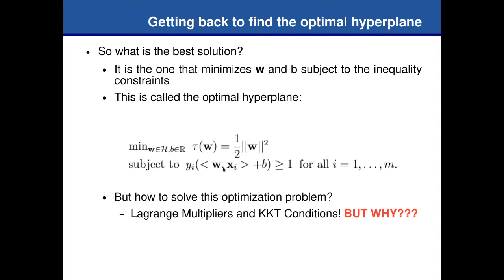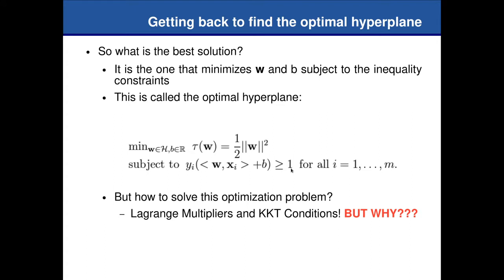Of course, when I perform the dot product between my vector W and a given point in my space, a point that could belong to the positive or the negative class, plus some B, this multiplied by the class, either +1, positive, or -1, negative, should be greater than or equal to 1.